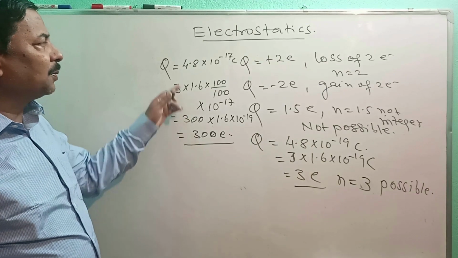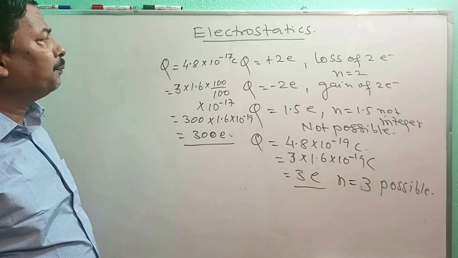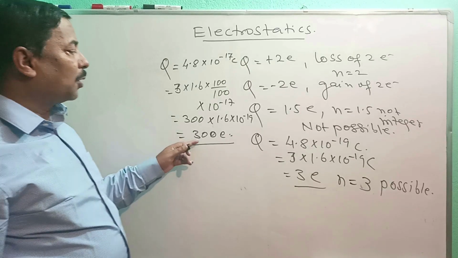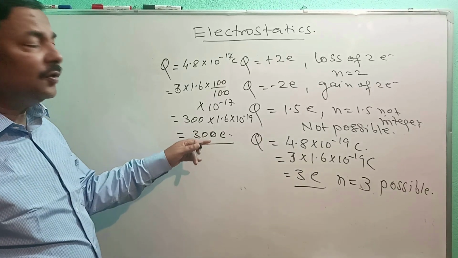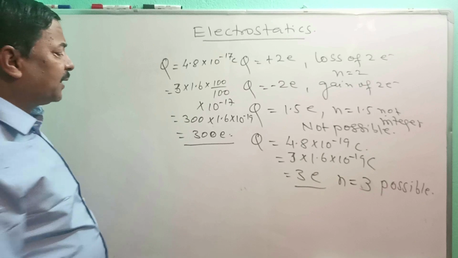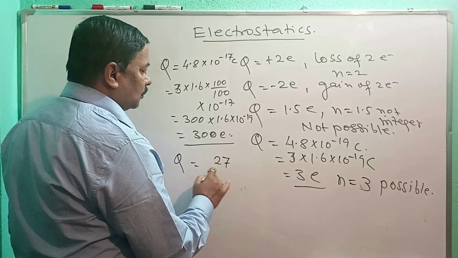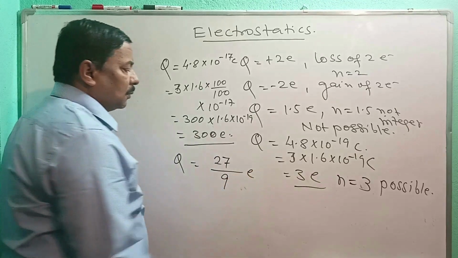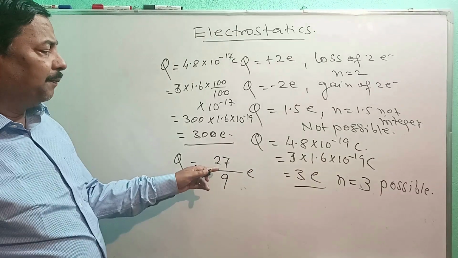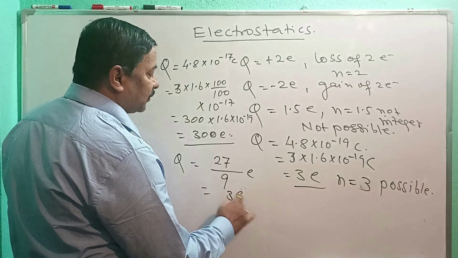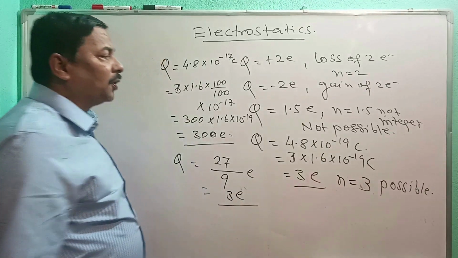This is also possible if we write Q is equal to 4.8 into 10 to the power minus 17 coulomb, because this is the charge on 300 electrons. It appears that it is a fraction, but in fact it is your 3 electrons. So this is also possible.